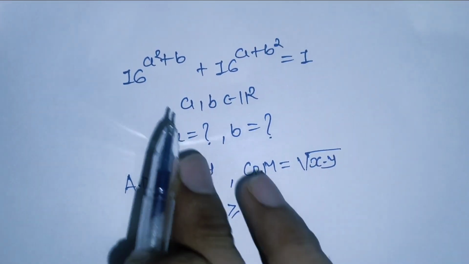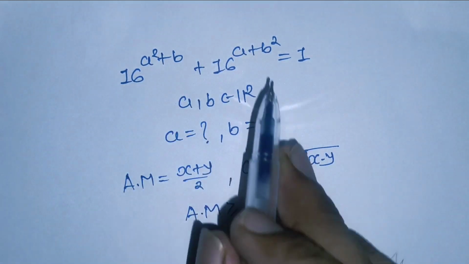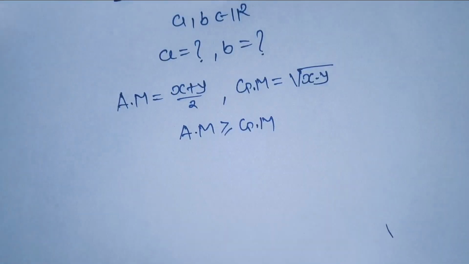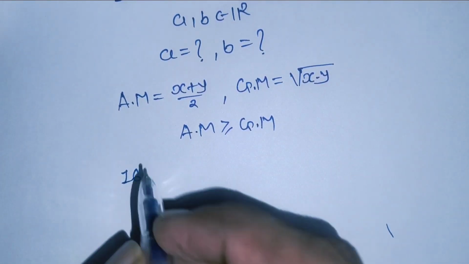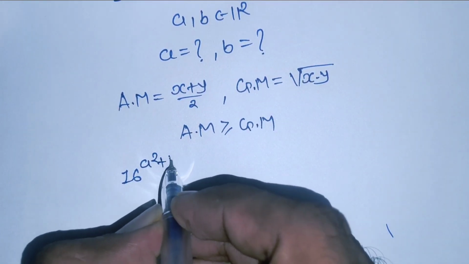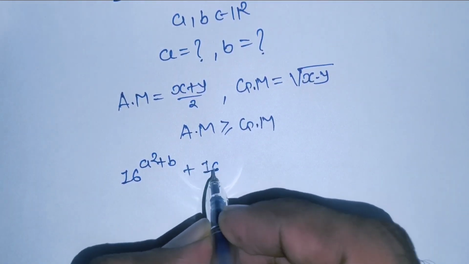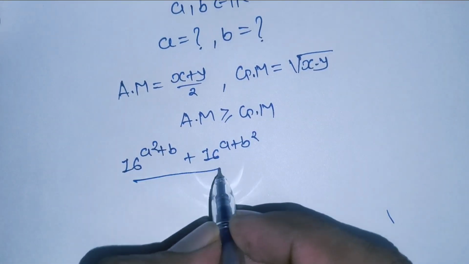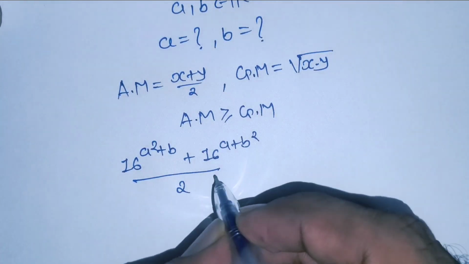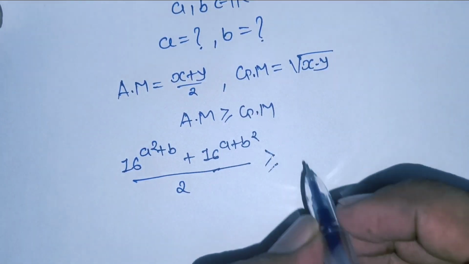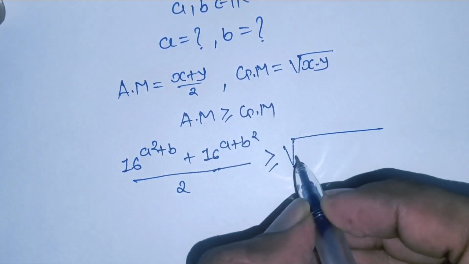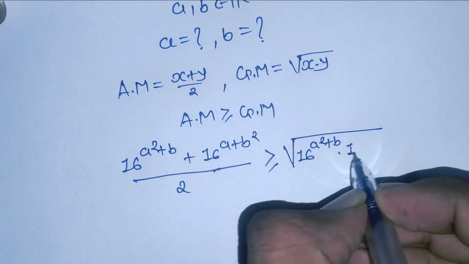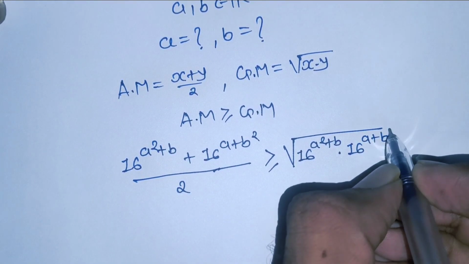Now consider x equal to 16 raised to (a square plus b) and y equal to 16 raised to (a plus b square). Therefore, 16 raised to (a square plus b) plus 16 raised to (a plus b square), divided by 2, because this is the arithmetic mean, is greater than or equal to square root of 16 raised to (a square plus b) into 16 raised to (a plus b square).